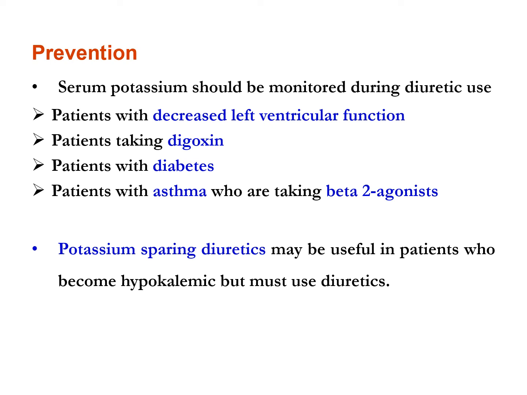As you know, beta-2 agonists lead to intracellular shift of potassium. If the patient is in need of diuretics and is liable to hypokalemia or has become hypokalemic, we can replace potassium-wasting diuretics with other potassium-sparing diuretics.